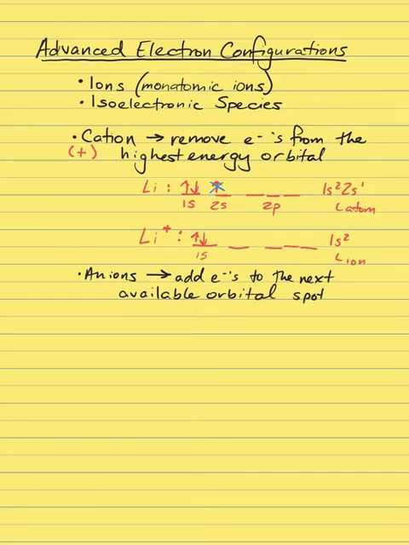Recall anions are negatively charged. In order to be negatively charged, we need to add extra electrons so that the electrons outnumber the protons in the nucleus. So let's look at an example of a relatively simple atom that would become an anion.